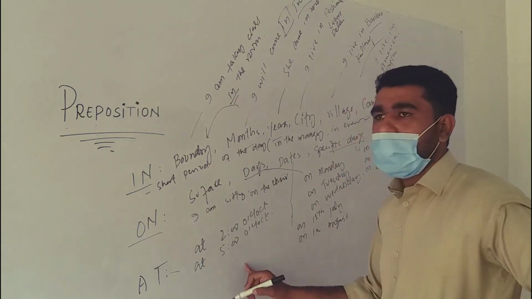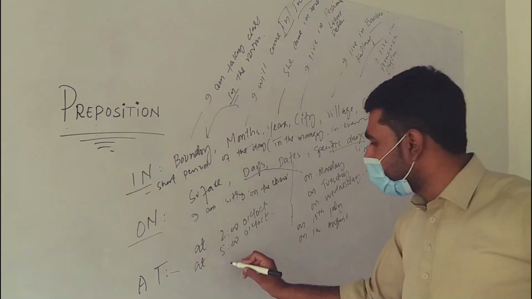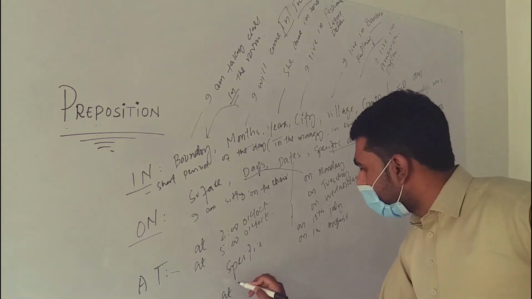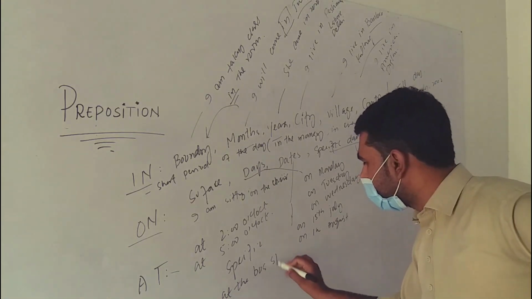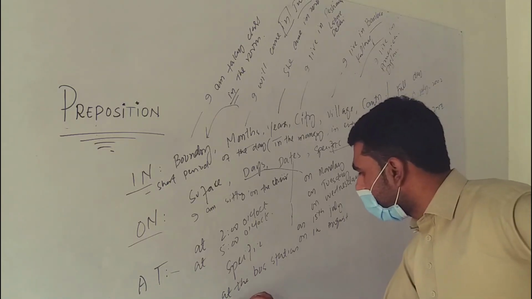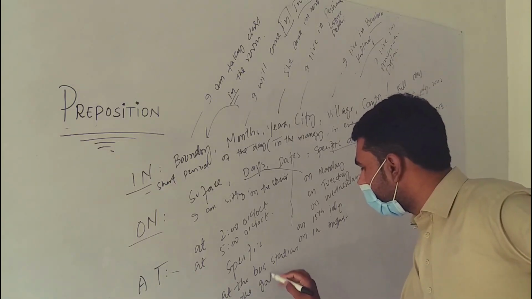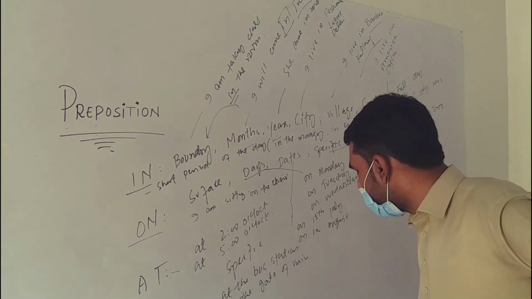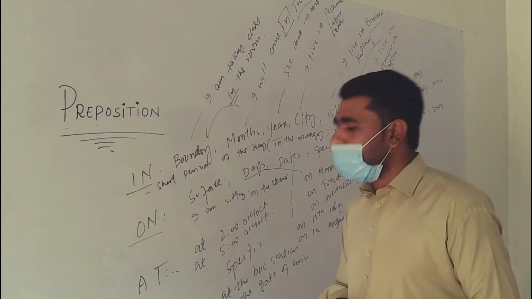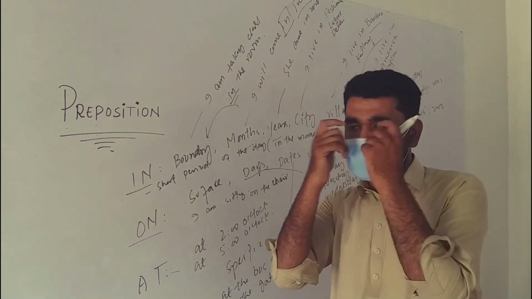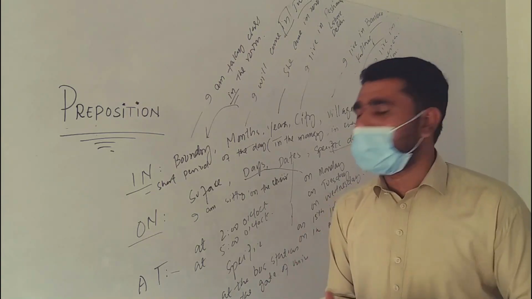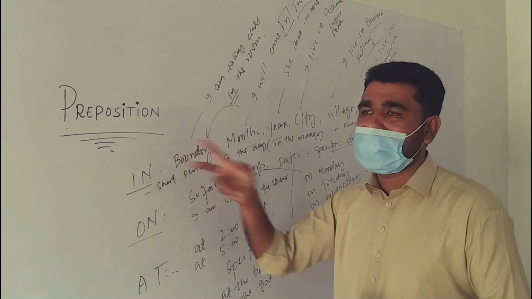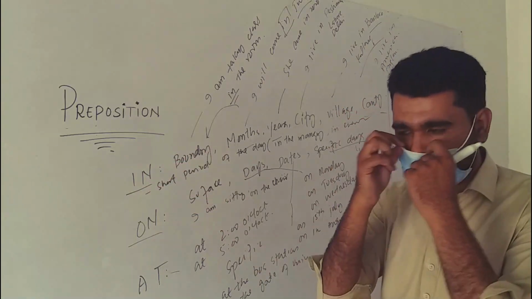And also for specific places, at the bus station, at the gate of the university. We can also use at and in in those conditions where, for example, if we are living somewhere for a short time, there we can use at, and if we are living somewhere permanently, then we can use in. This usage must be kept in mind.